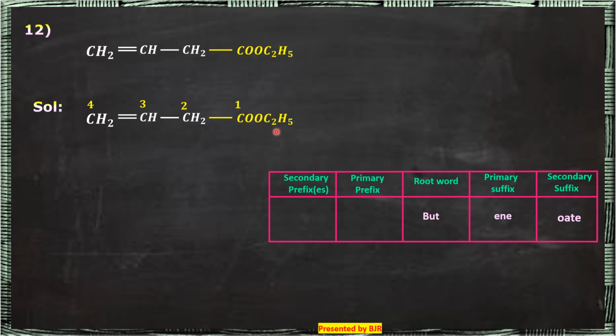So ethyl but-3-enoate, because the third carbon atom is attached to the double bond. So ethyl but-3-enoate. This is the IUPAC name of this organic compound.